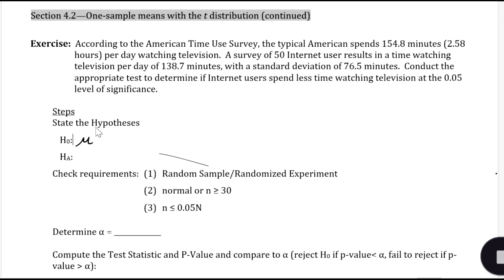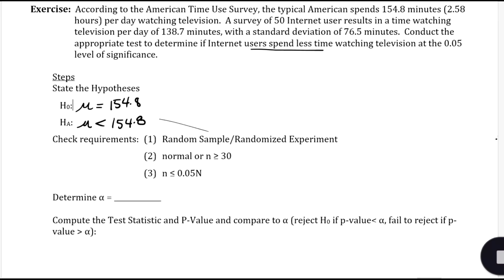What is believed to be the status quo is that a typical American spends 154.8 minutes, okay? And we want to test the claim that internet users spend less time watching television. So we're going to have our mean time watching television being less than 154.8 minutes.